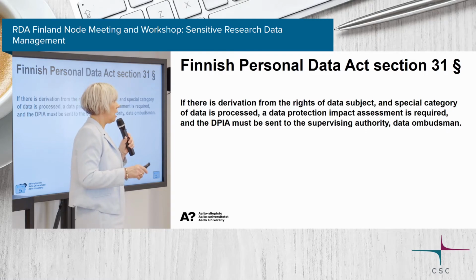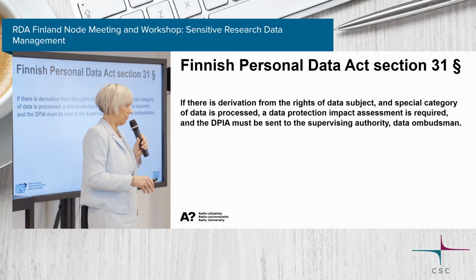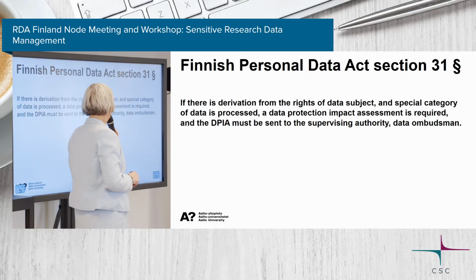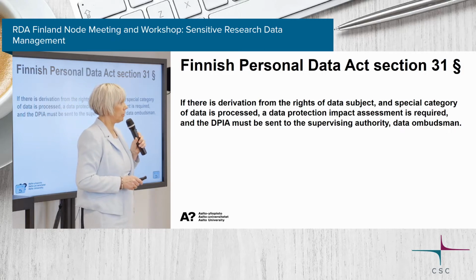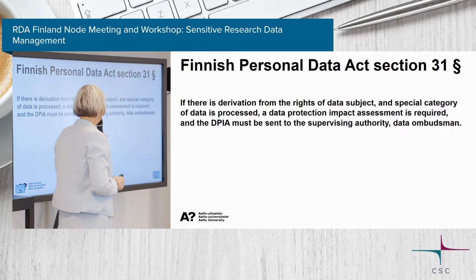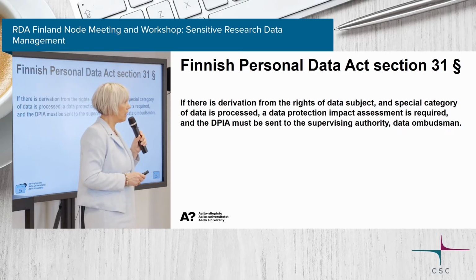You can deny the data subject the right to remove the research data or the right to change the research data. Then you have to do the data protection impact assessment, and you have to send it to the supervising authority, the Data Ombudsman Office.